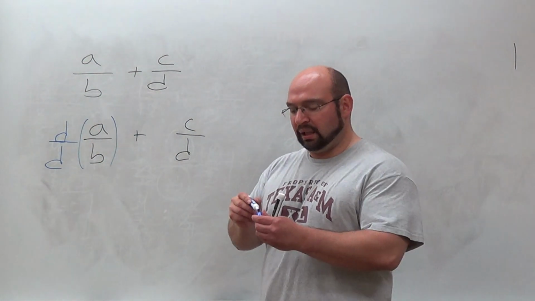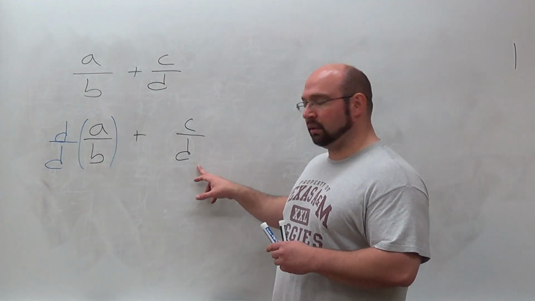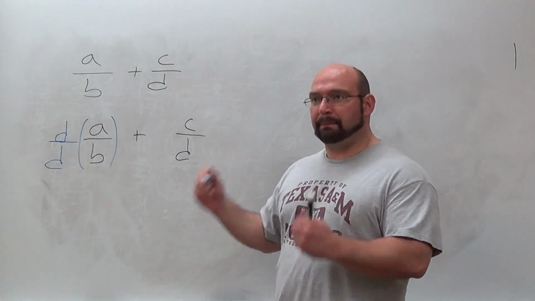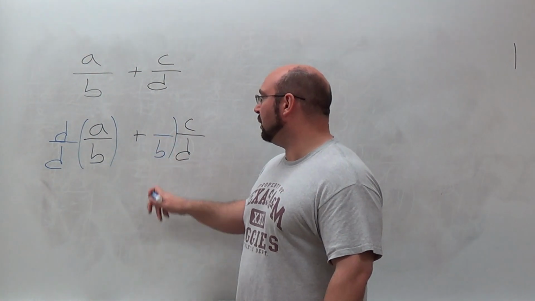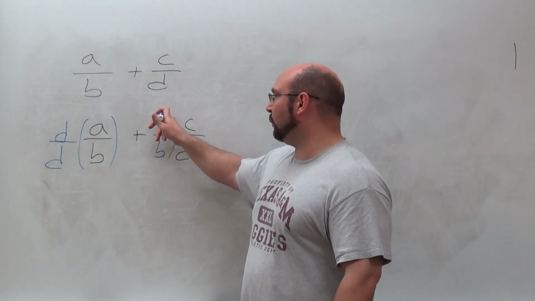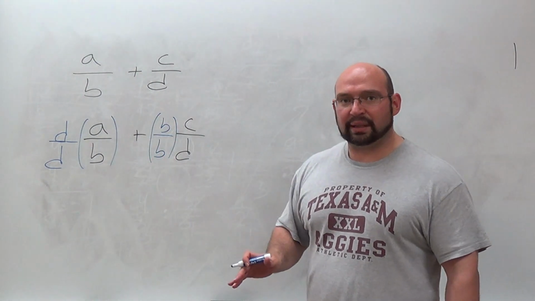Right? Now, in this case, I have the D. But what I'm going to do is I'm going to multiply by B. I multiply the bottom by B, and I'm going to do to the bottom and the top the same to keep it 1. So it's going to be B over B. So what does that do?